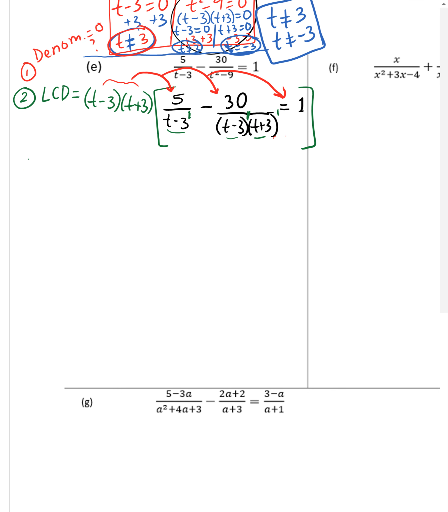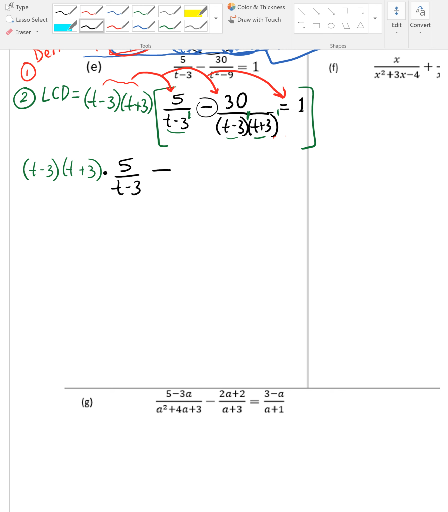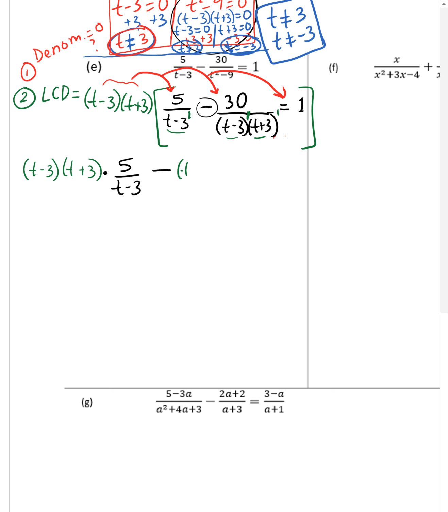So first I'm distributing the t minus 3, t plus 3 onto the first fraction, which was 5 over t minus 3. There's a subtraction sign. And then I'm distributing the t minus 3, t plus 3 onto the second fraction, which is 30 over t minus 3, t plus 3.